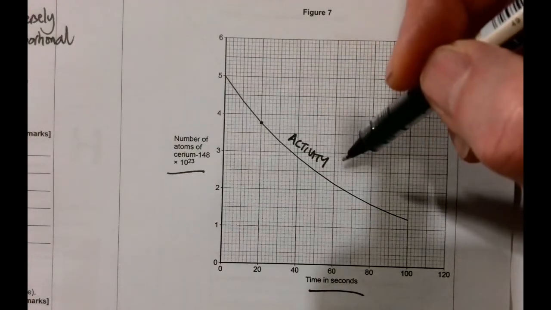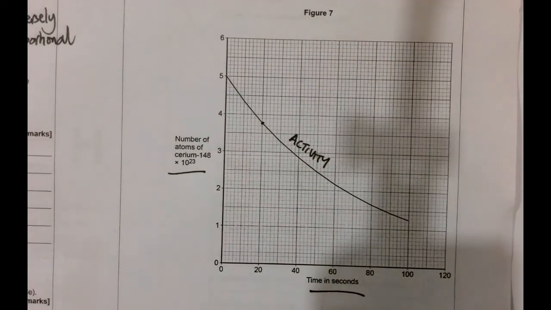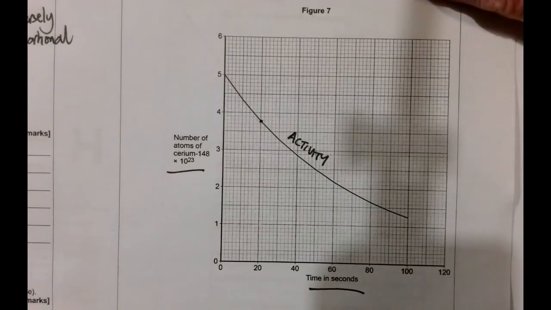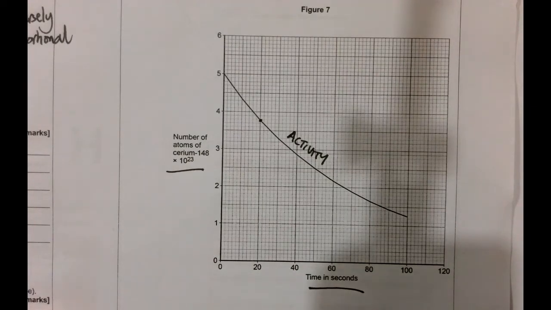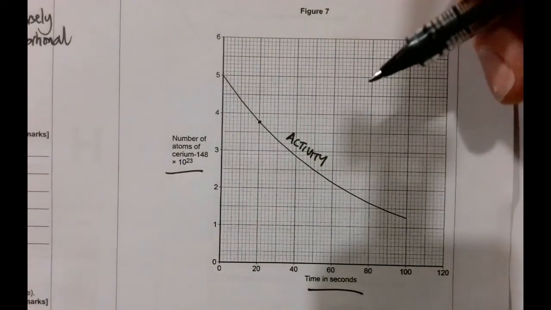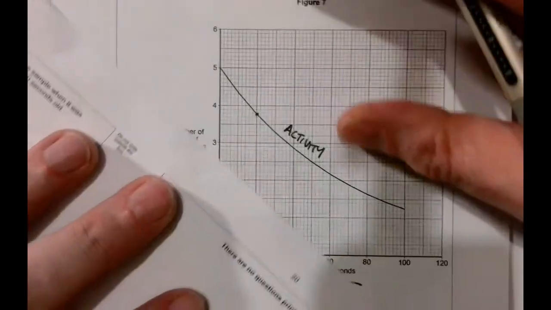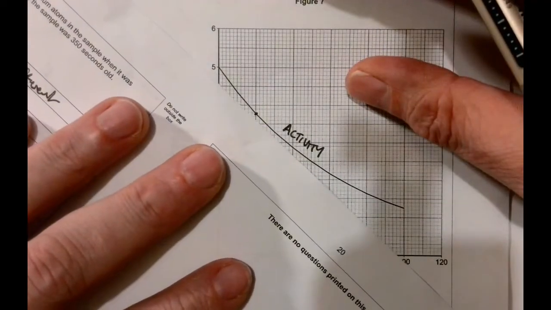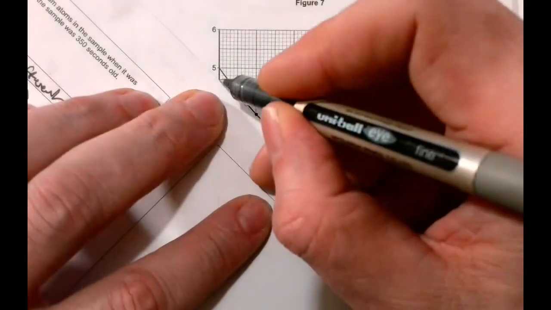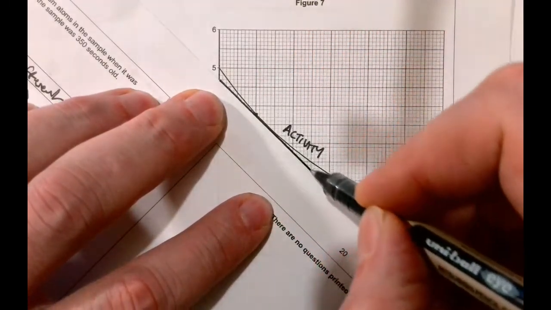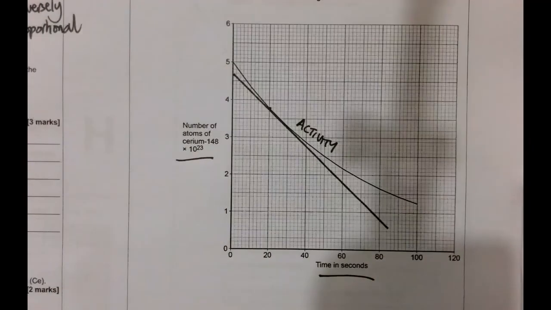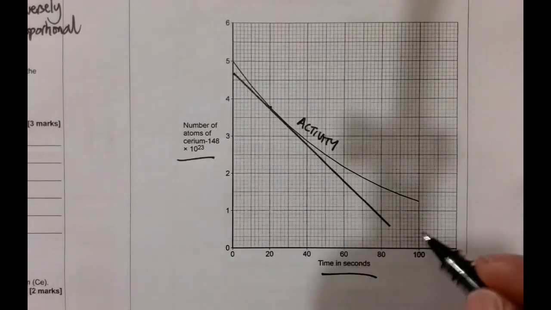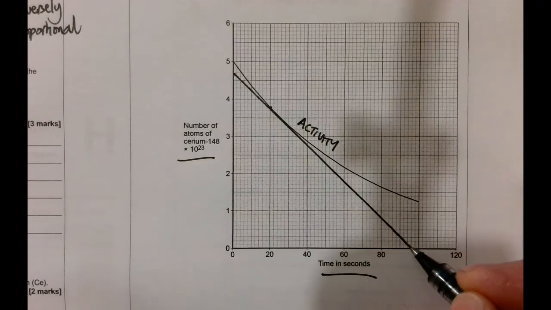It's a curve, and one of the things that you need to know for GCSE science is finding tangents. And whenever you see a curve, you can find a tangent. So the gradient is the tangent of this line. So you take a ruler. I'm cheating, I don't have a ruler. I'm going to use a bit of paper. And you draw a straight line that just kisses at that point. And then you work out the steepness of this line.